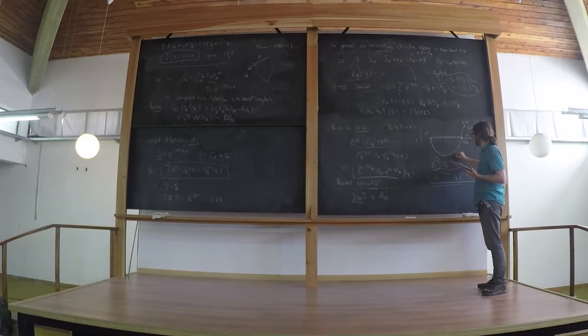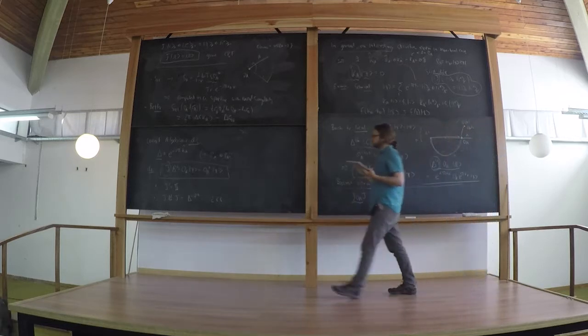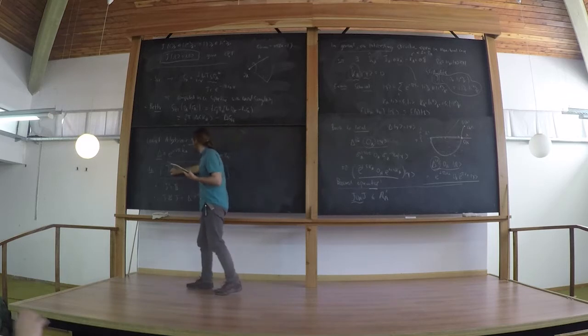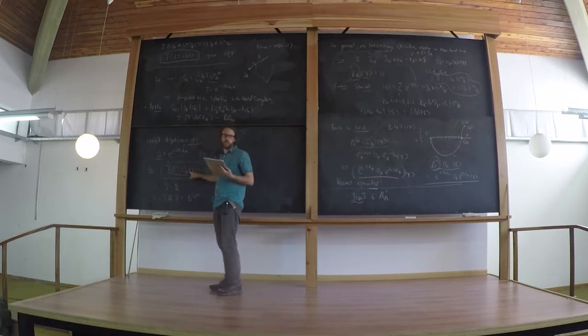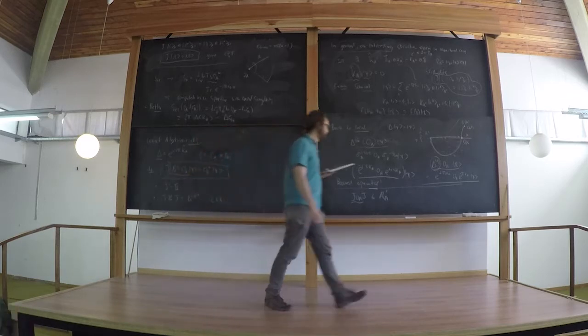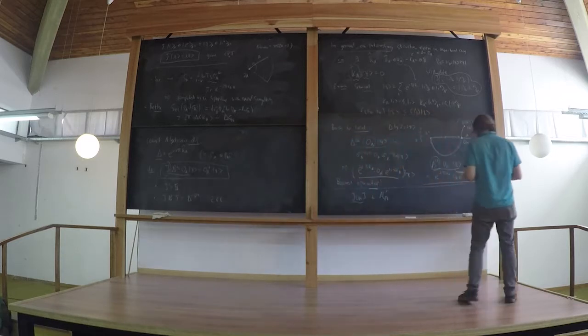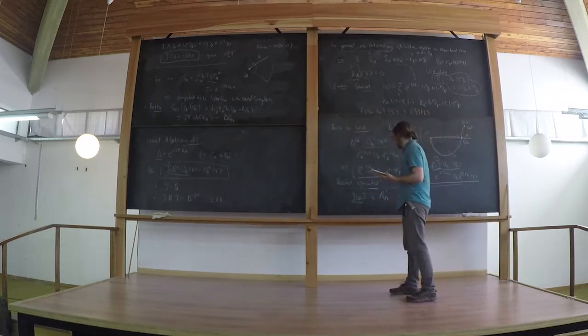Say you had some other operator inserted over here, then you're going to have issues with time ordering and all sorts of problems. So it's really important to remember that this equation is true when acting on the vacuum state. Okay. So this is an important thing.